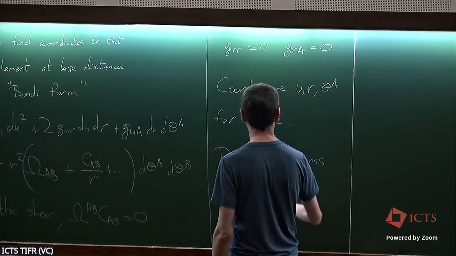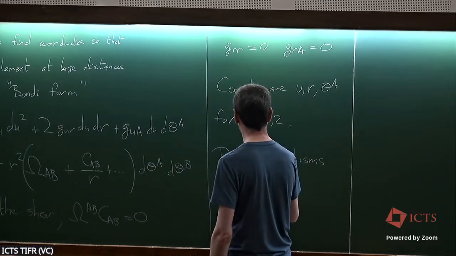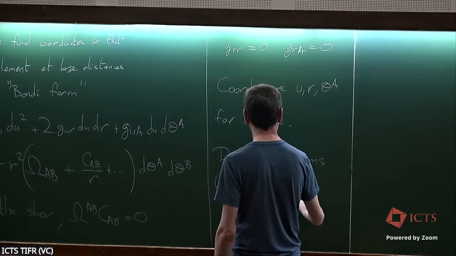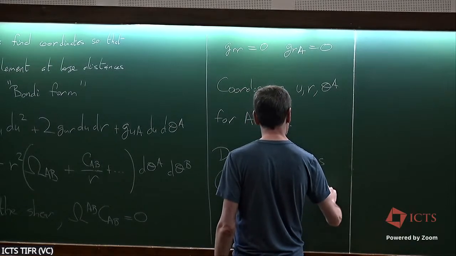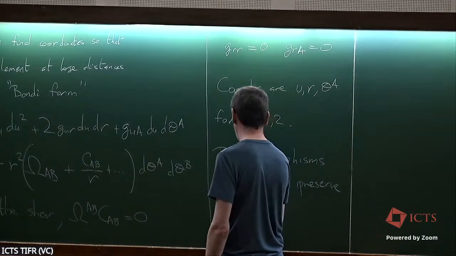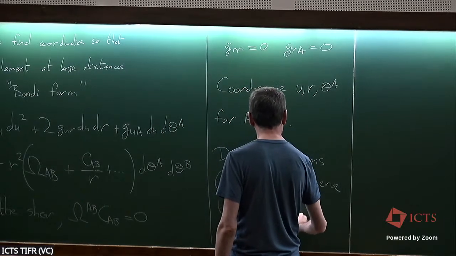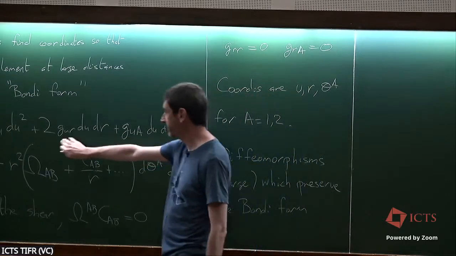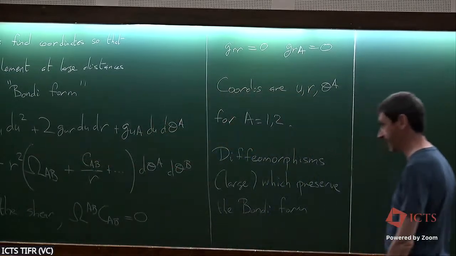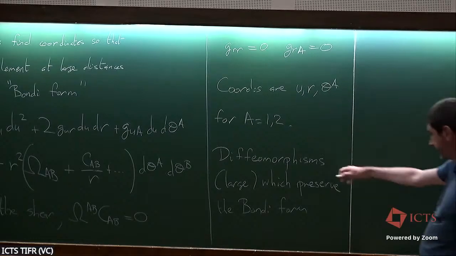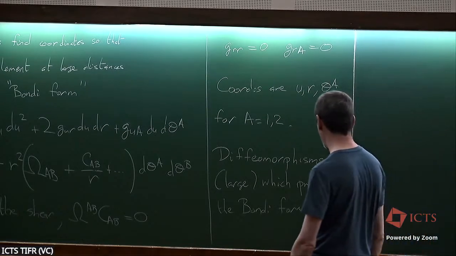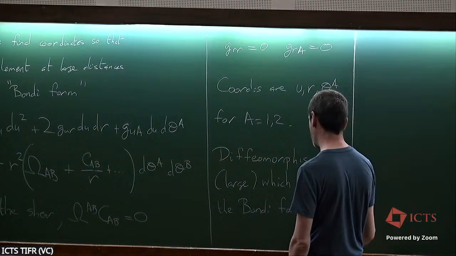So it should be large diffeomorphisms. I mean, there's fine print about this Bondi form, about the structure of these Gs, which are also relevant for the definition of this group. Anyway, diffeomorphisms.